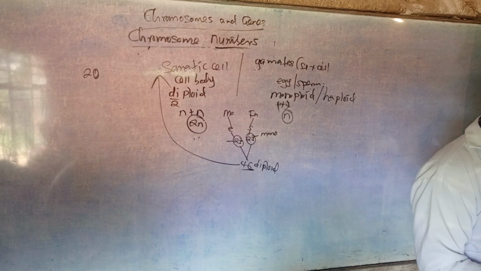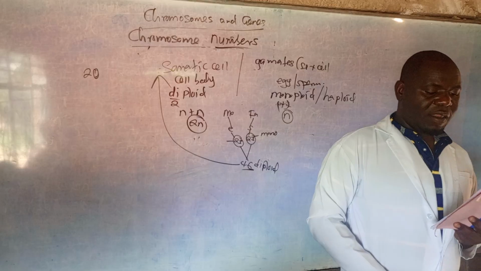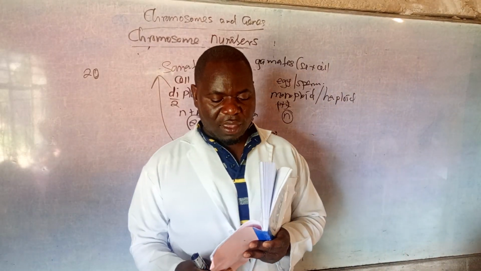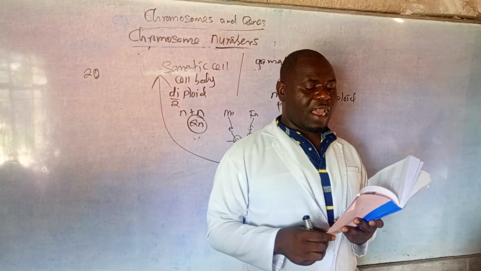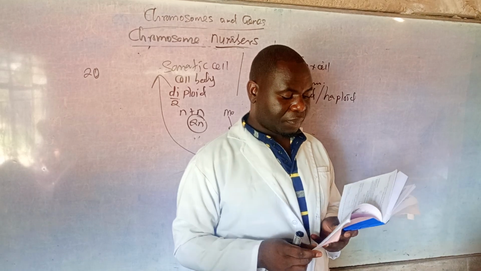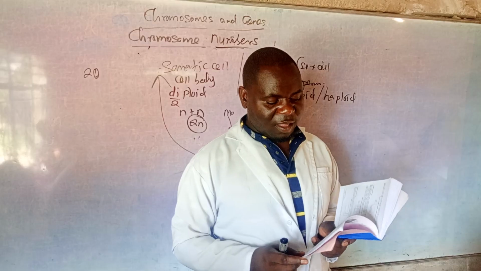For the fruit fly, the diploid is 8 and the haploid 4. For the onion, the diploid number is 16 and the haploid number 8. For the tomato, 24, and half of that is 12.